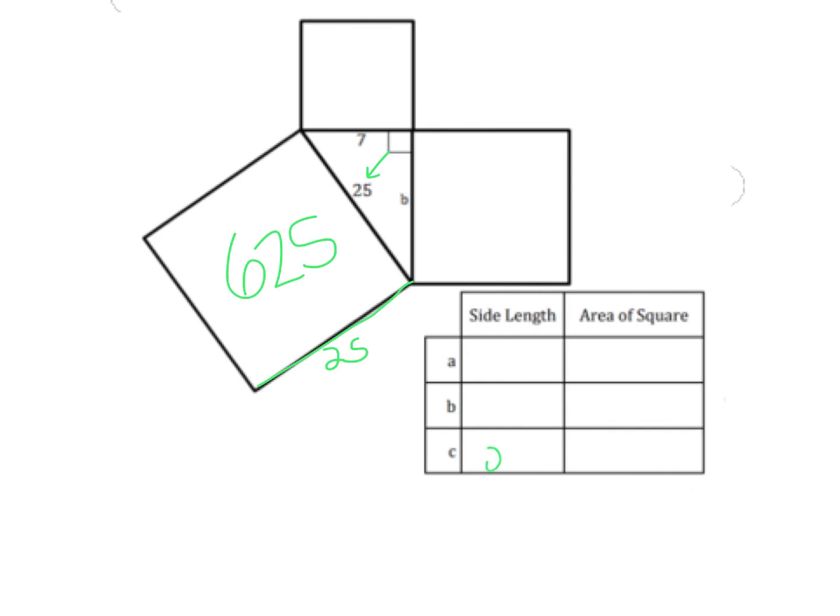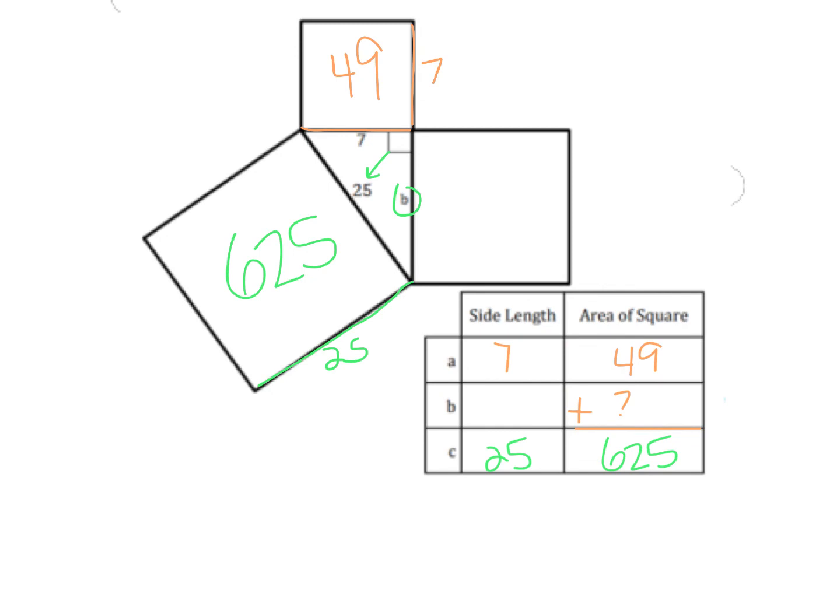What I don't know is what this side B is going to be. Let's fill in what we know so far. This side length is 7, so that square is 49. I need to figure out what 49 plus something gives me 625.